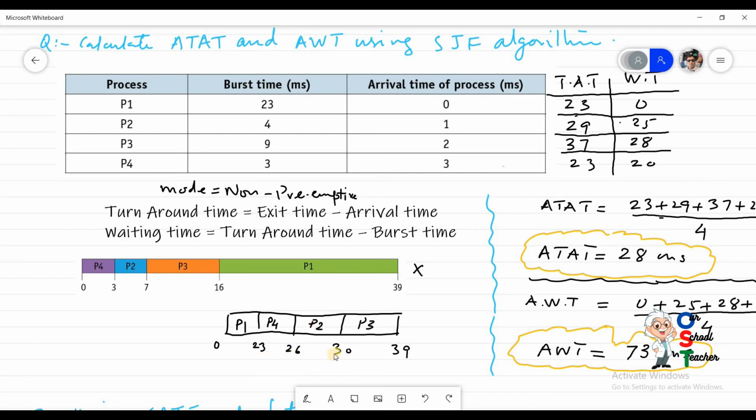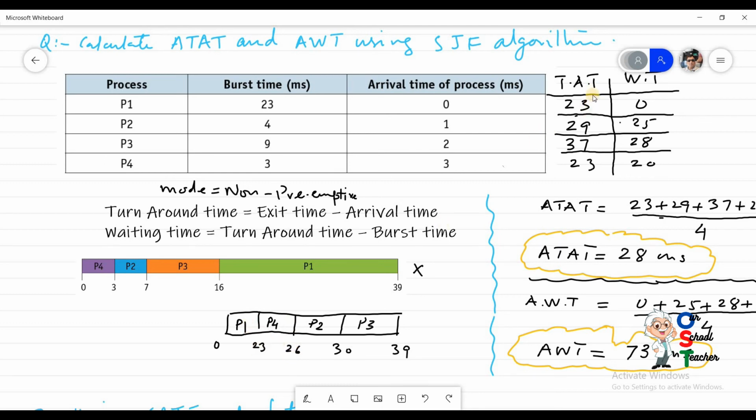So 26 plus 4 is 30 milliseconds. Then at the end, P3 will be given a chance and it will complete its job. So in total we have 39 milliseconds when all these jobs are completed. So P3 has exit time 39, P2 has exit time 30, P4 has 26, and P1 has 23.